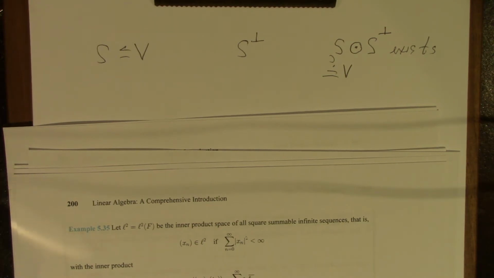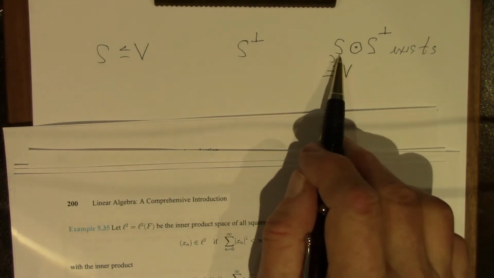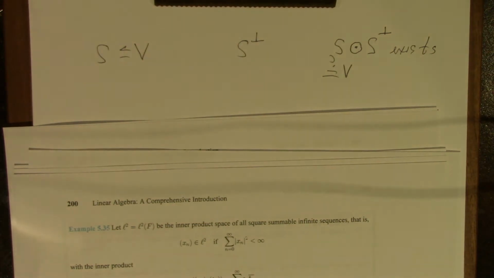In fact, for little l2 and the subspace consisting of the sequences in little l2 with finite support, we saw that S perp is in fact trivial. And so S orthogonal direct sum S perp is just S itself, which is a proper subspace of V. And that's where we left off.